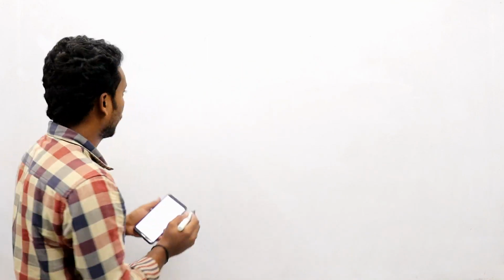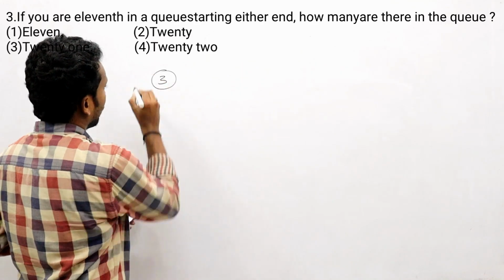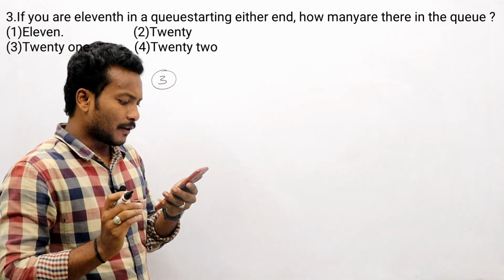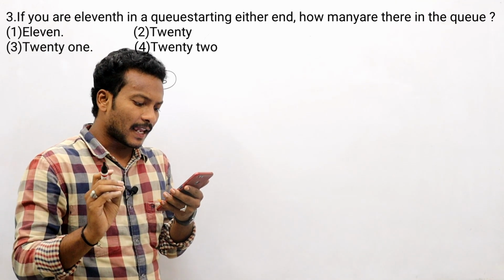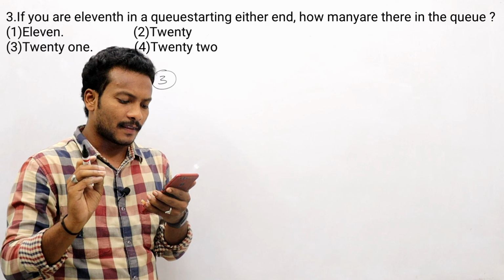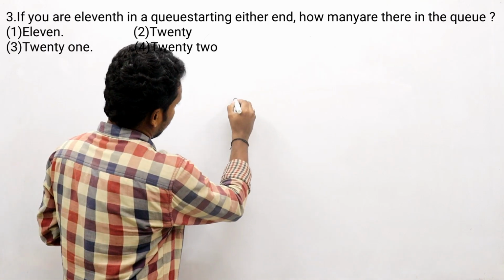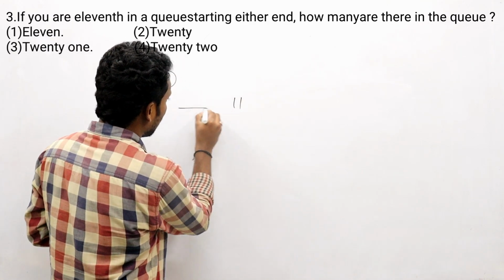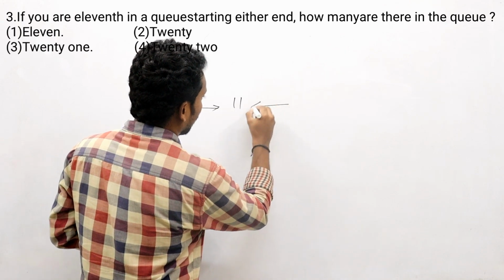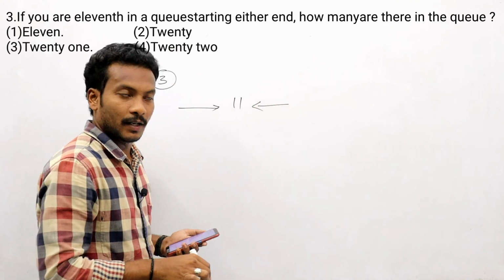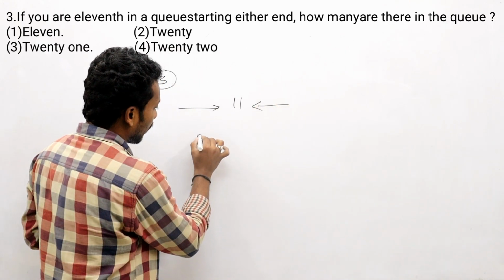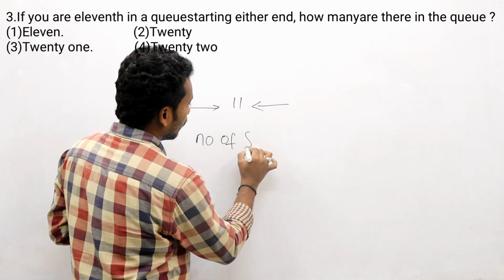Next, third question. If we are 11th in a queue starting at either end. Starting from here it is 11, and from here it is also 11. We require the total number of students.